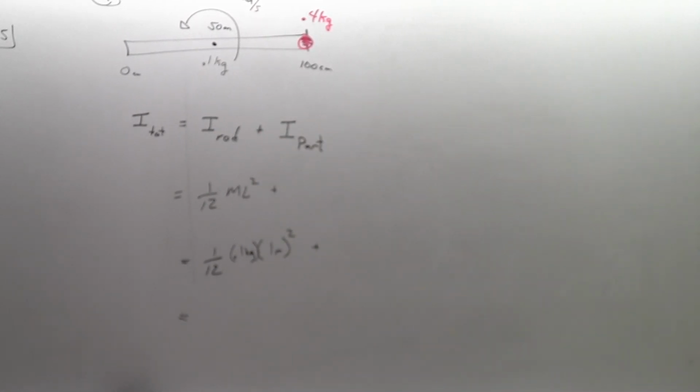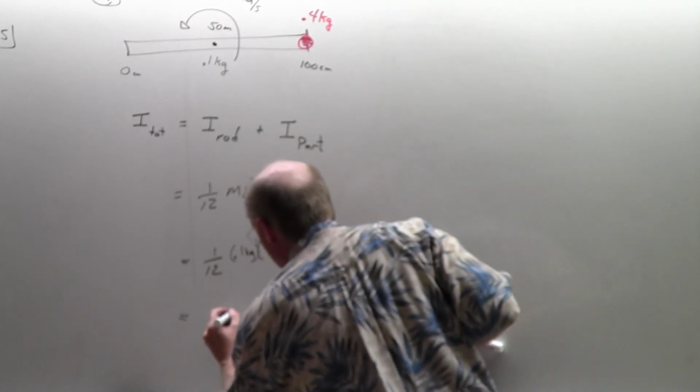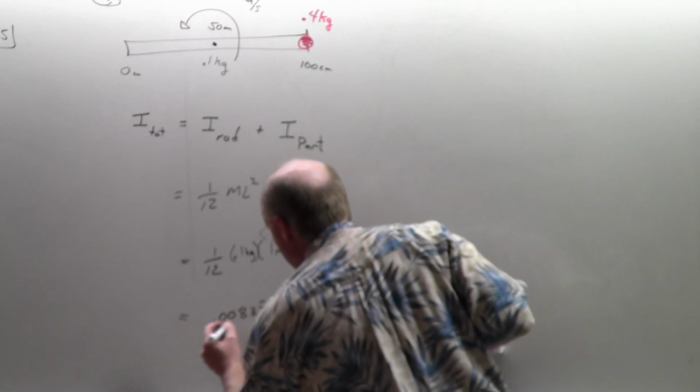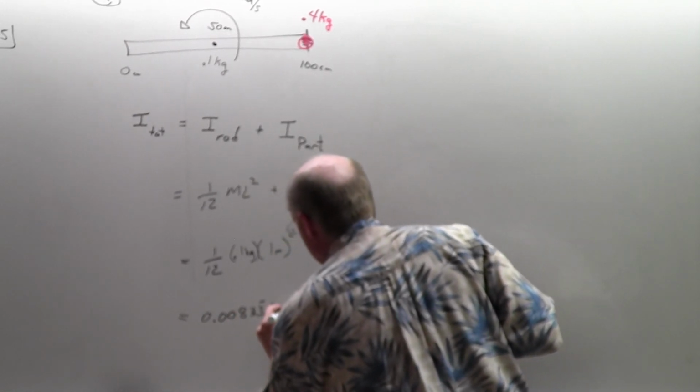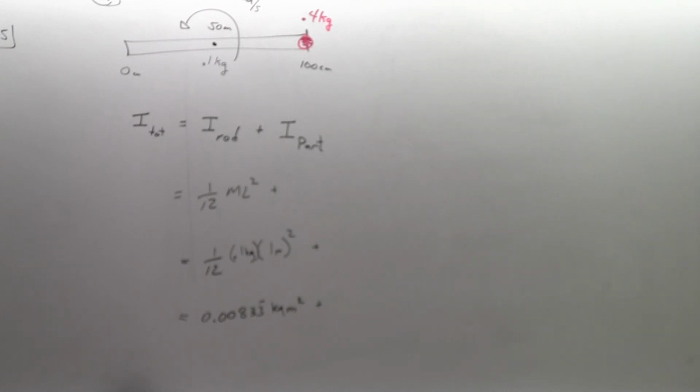So the rod itself, if I grab my calculator here, is 0.1 times 1 squared divided by 12, 0.0833 repeating kilogram meters squared. So there's the rotational inertia of just the rod by itself. In fact, that's pretty close to the number you guys had for that disk. I was asking you, 0.009 is what we were looking for in lab there.